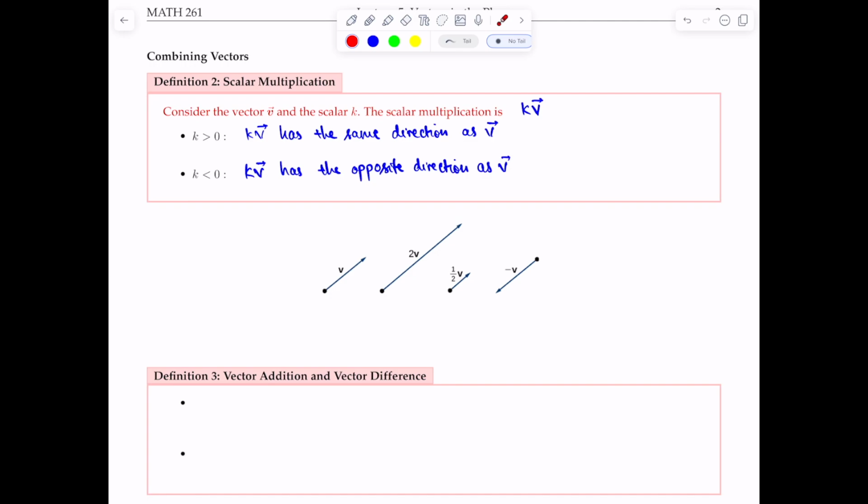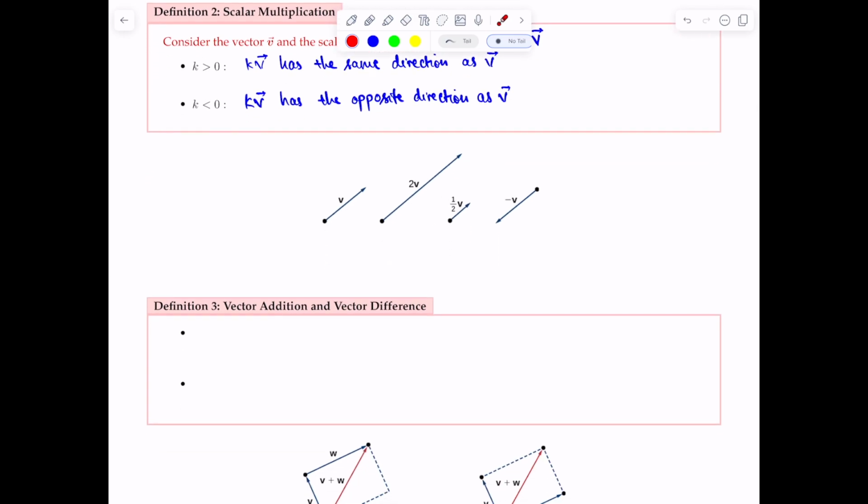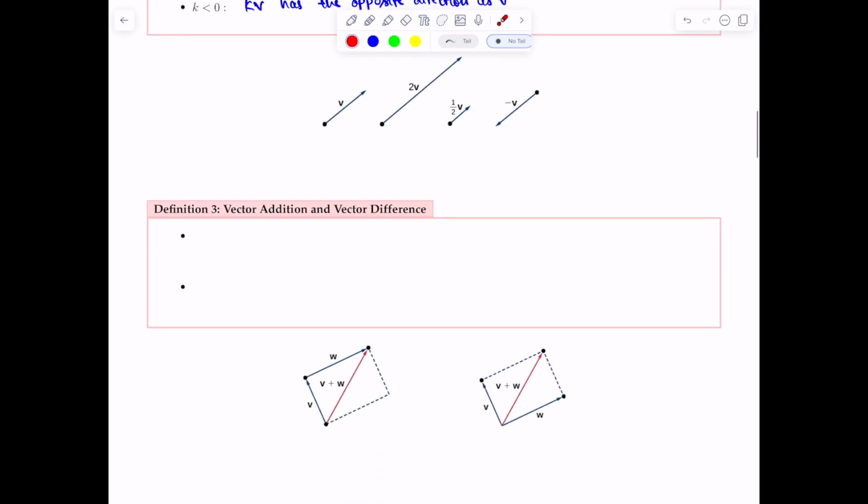Let's move on to vector additions and vector difference. Let's say you have 2 vectors, vector v and vector w. They have to be the same size. That means they are either both in 2 dimensions or both in 3 dimensions. So they have the same dimension.